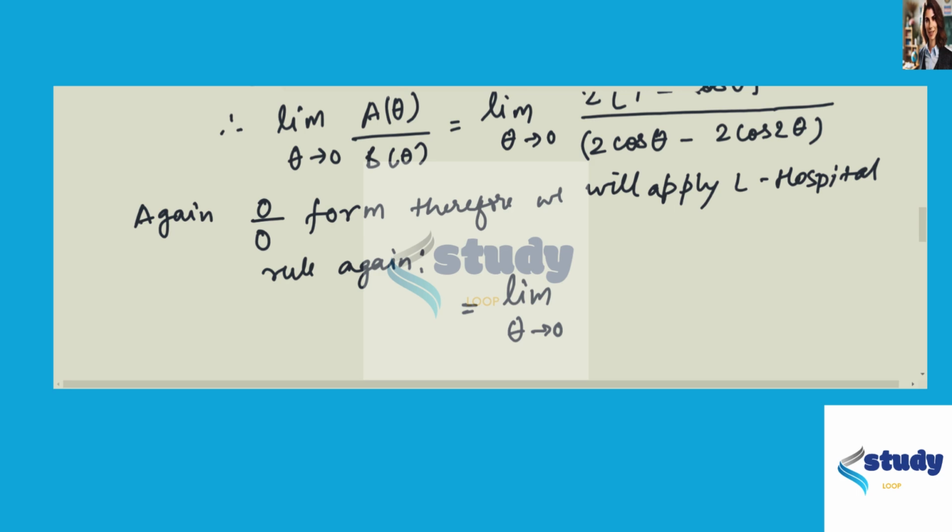After differentiation we will get 2 sine theta divided by minus sine theta minus 2 sine theta.